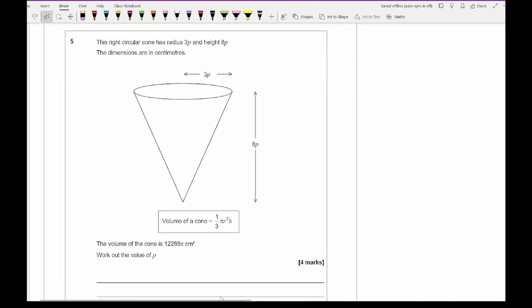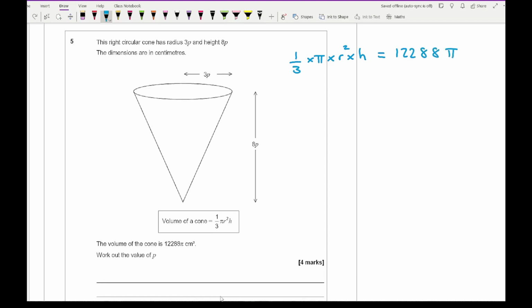So what I've then got is a third times pi times the radius squared times h equals 12288 pi.